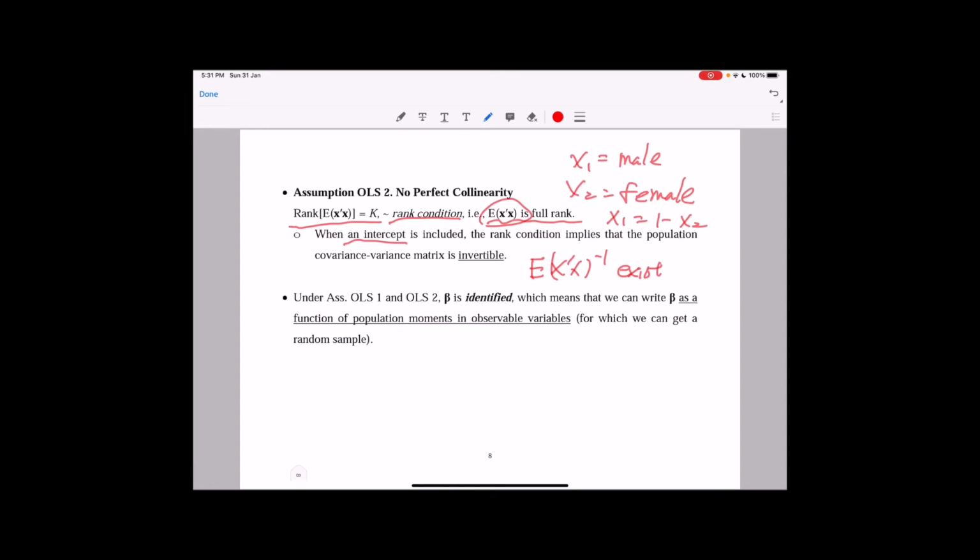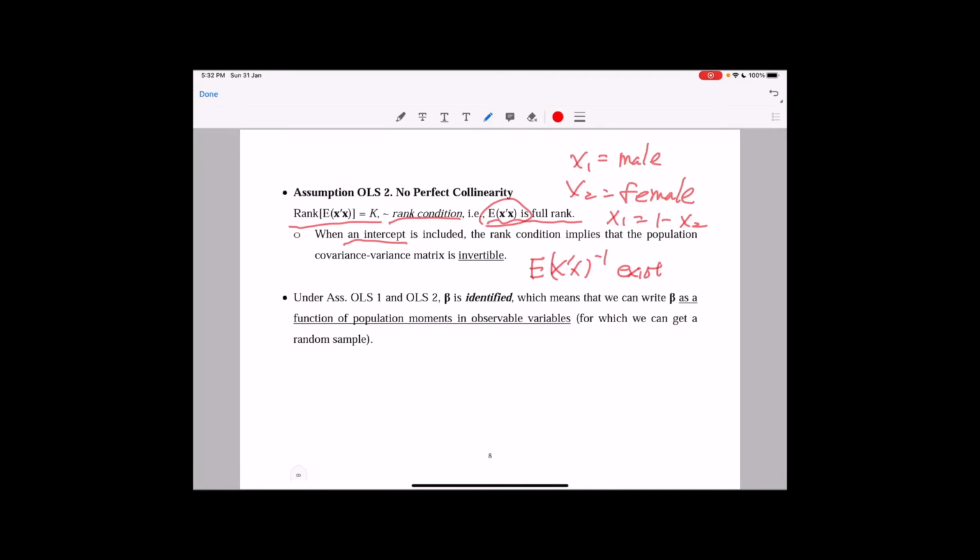If you put both x1 and x2 in the regression, in the vector, then the covariance variance matrix will not be full rank. However, empirically that's not very important, because the software will automatically drop one variable for you, especially modern software like Stata. It will just tell you there's perfect collinearity, so one of the variables is dropped.